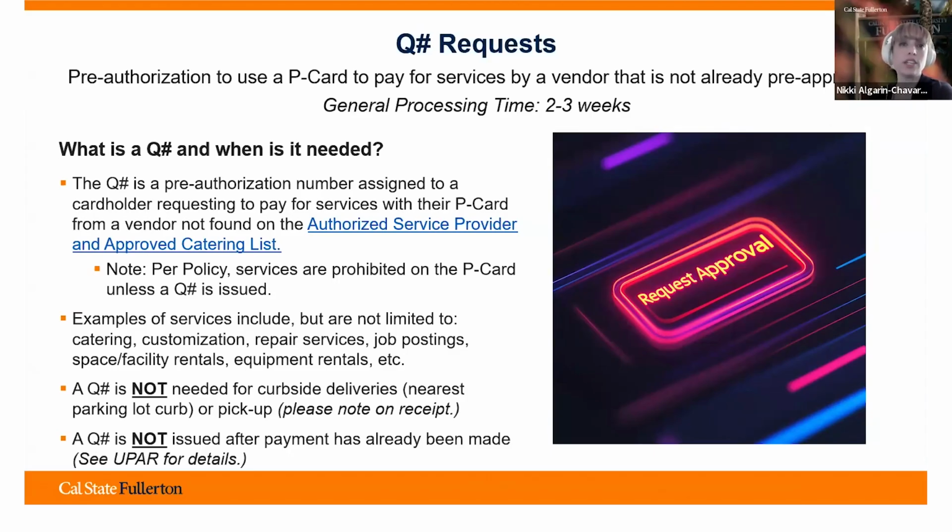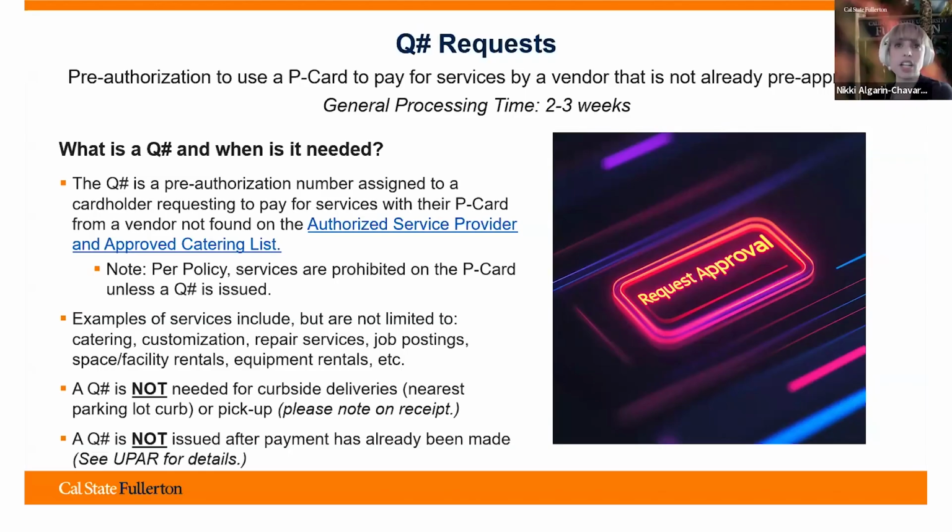What is a queue number and when is it needed? The queue number is a pre-authorized number assigned to a cardholder requesting to pay for services with their P card from a vendor not found on the authorized service provider list or the approved catering list.